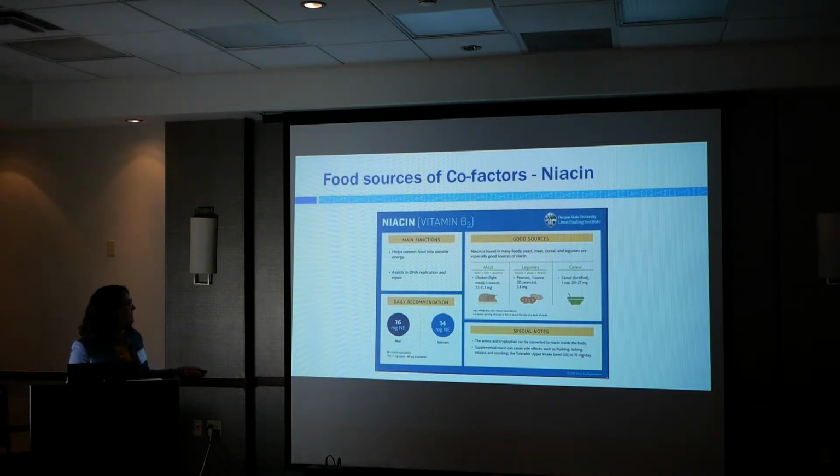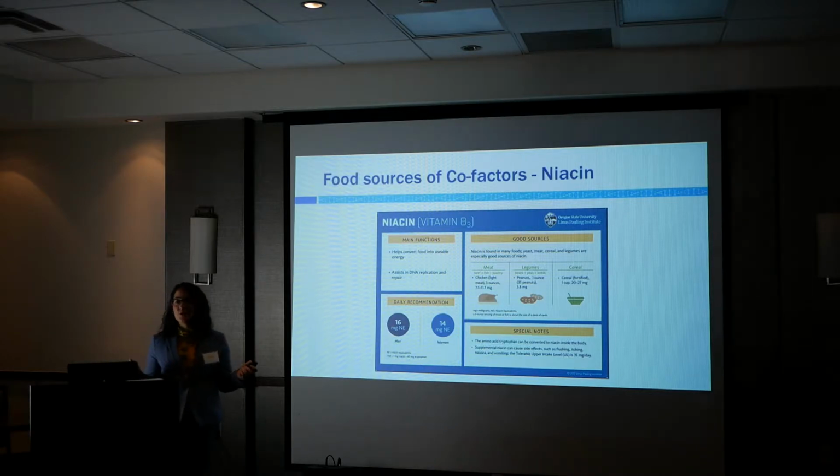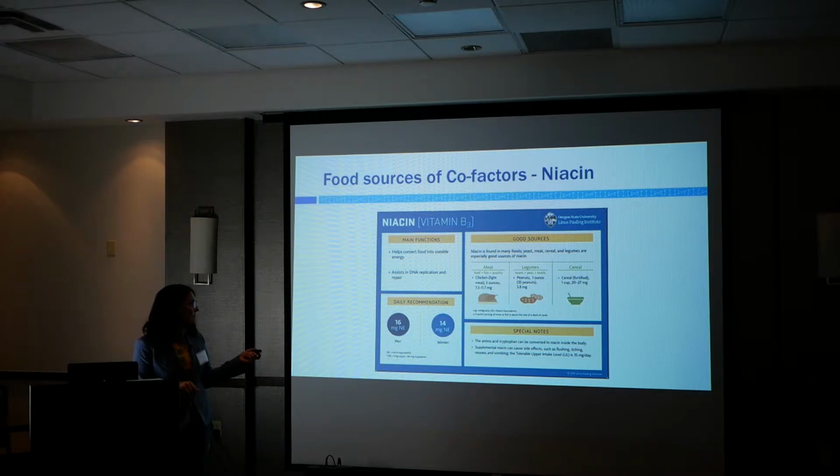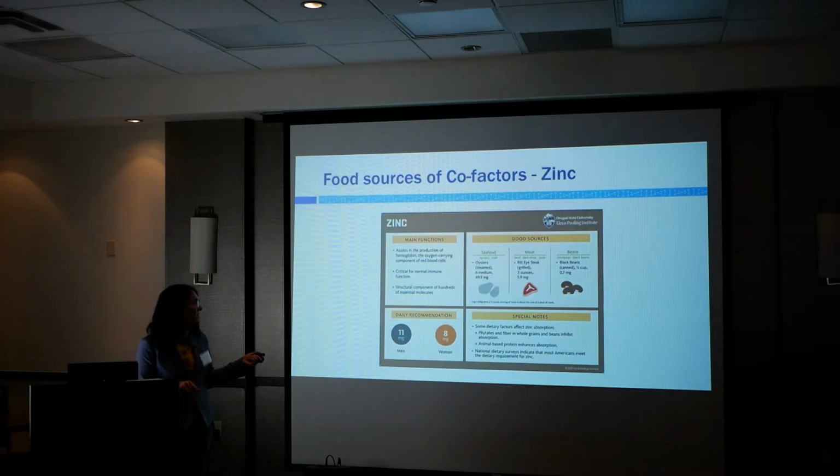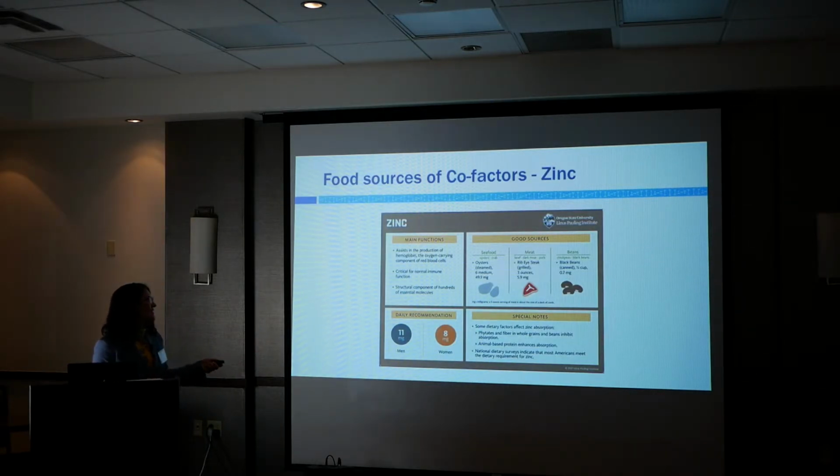Niacin deficiency can be, here are some foods that support niacin in the body. These are from the Oregon State Linus Pauling Institute website. Great resource, so much information on nutrients that you can utilize. I really appreciate the information accessible. And then zinc deficiency. This one's hard.